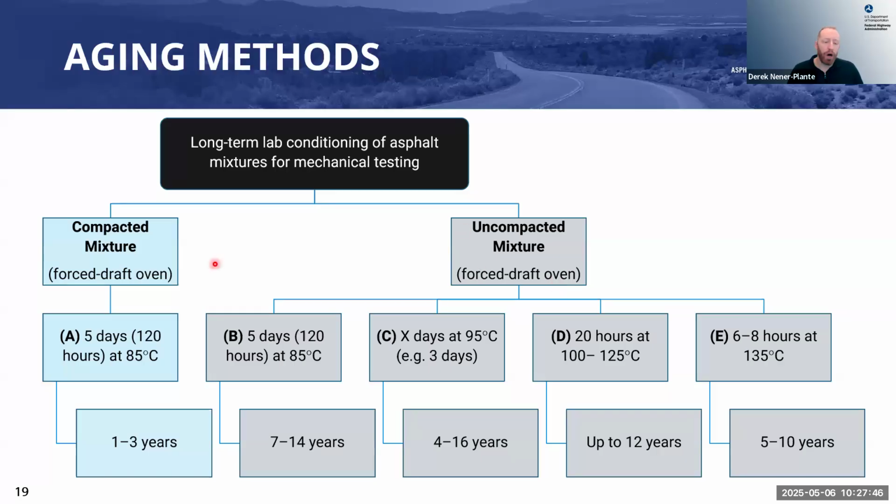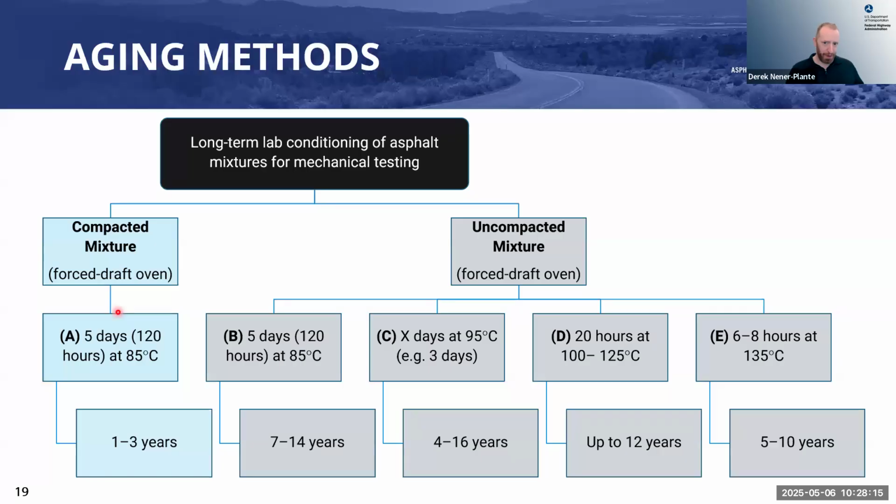First thing being, what are you going to age? A compacted specimen or an uncompacted specimen, being the mixture itself. In the compacted one, we have this kind of legacy one a little bit, 5 days or 120 hours at 85C. And the work seems to indicate that that will simulate 1 to 3 years. All right. Again, there's ranges in here because aging in Alabama and aging in Alaska are slightly different.